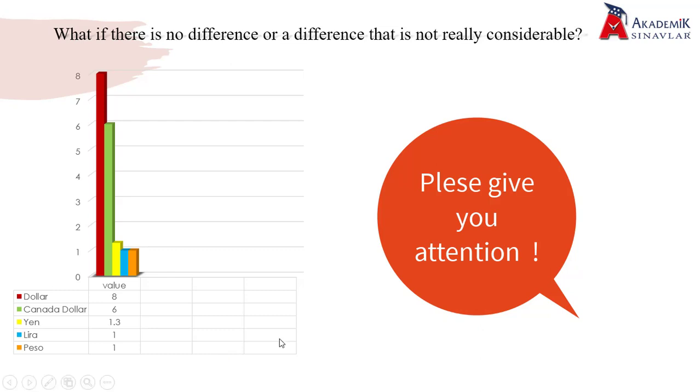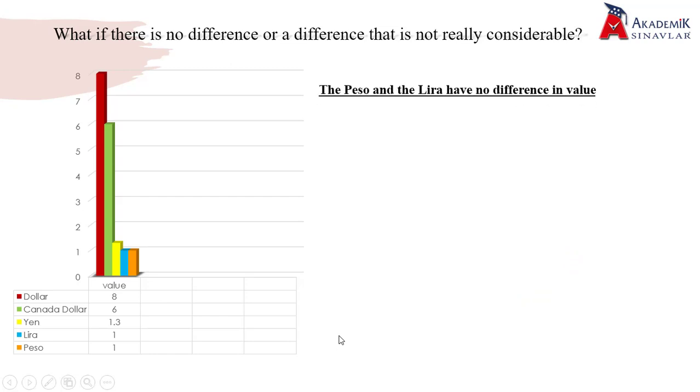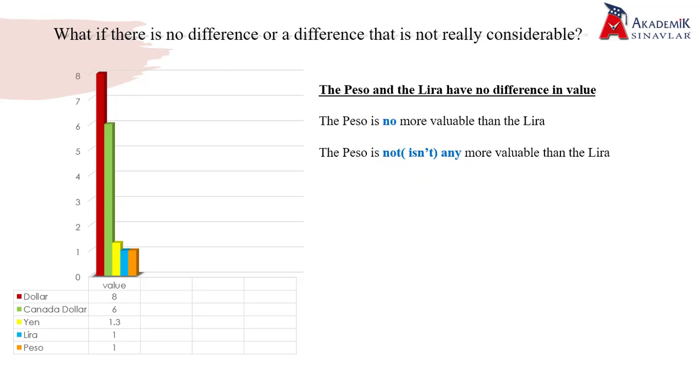Also, using a negative comparative structure can be beneficial to make better sentences, like the peso is no more valuable than the lira, or the peso isn't any more valuable than the lira. However, to show the exact similarity, it is better to use a structure as follows. The peso is just as valuable as the lira.